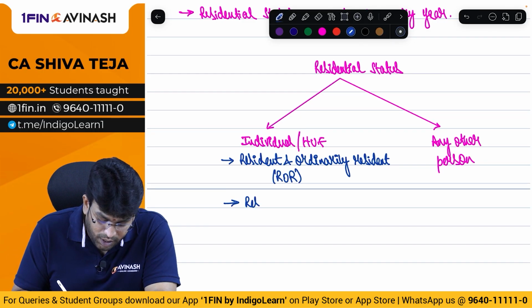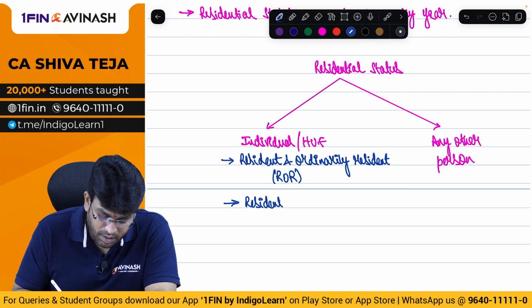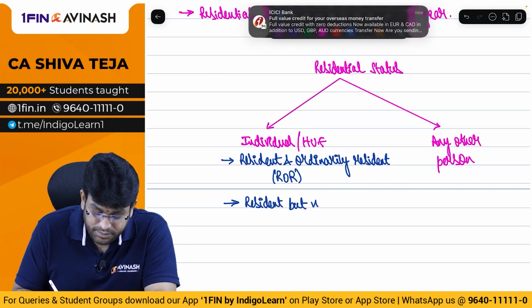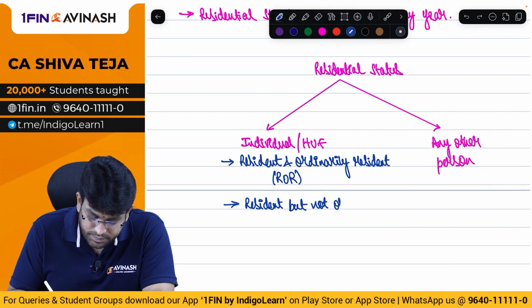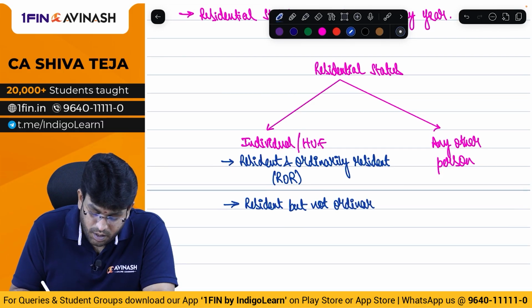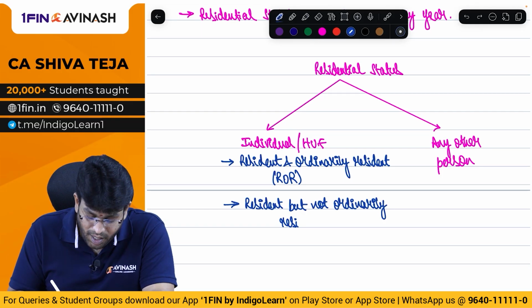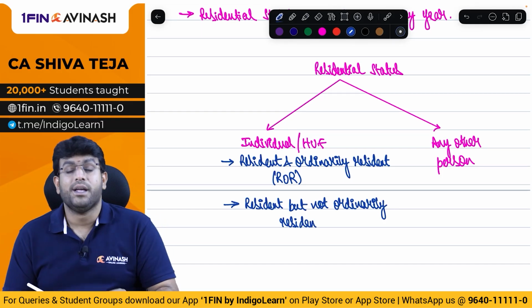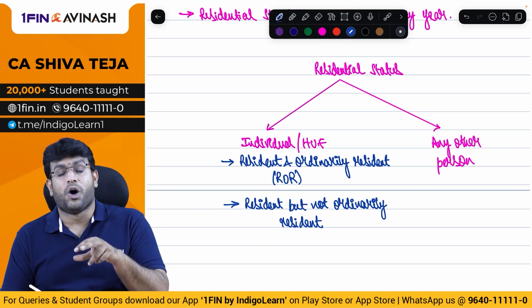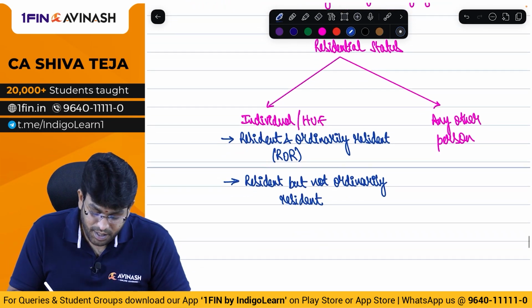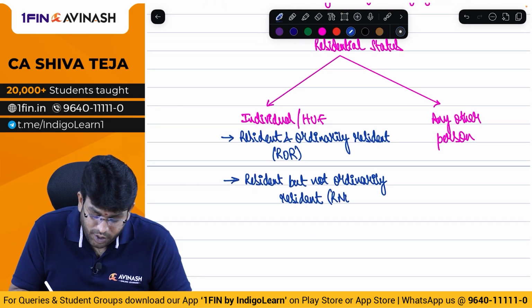Second category is called resident but not ordinarily resident. Come on, what is the first point, my dear friends? Resident and ordinarily resident. Second point is resident but not ordinarily resident. In short, we call it as RNOR.